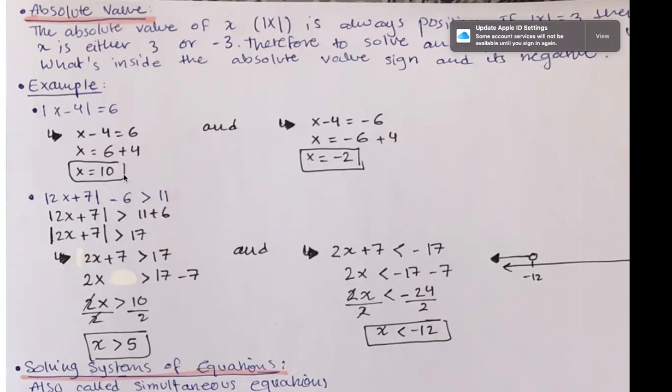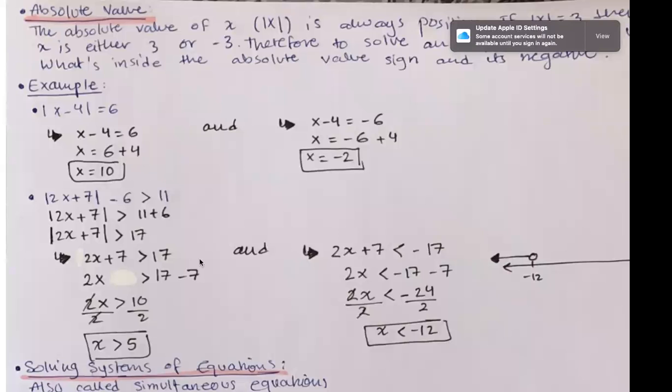For this case, you're going to find that x equals 10, and then for this case, you're going to find that x equals negative 2. Both answers are correct, and just in case you're doubting yourself, you just put it in the original formula to check your answer to see if you're gonna get 6 or not.